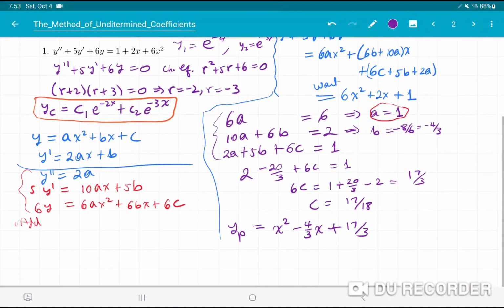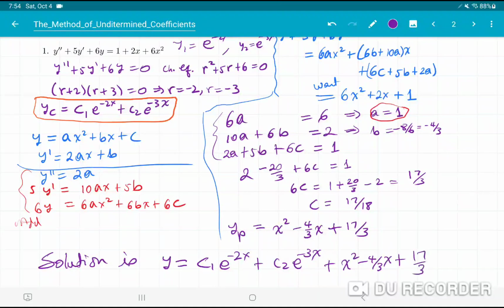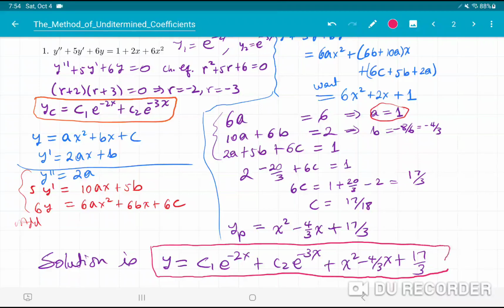Therefore our solution is y equals c1 e to the minus 2x plus c2 e to the minus 3x plus 1x squared minus 4/3 x plus 17/18. So this is the solution to our differential equation. All right, I'm going to do one more example on the next page.